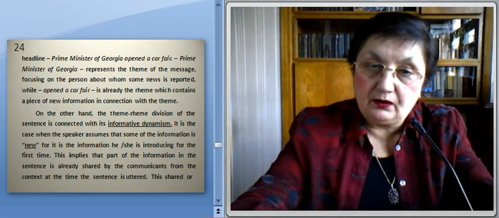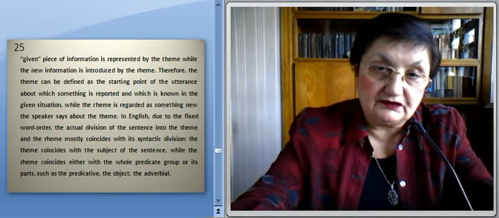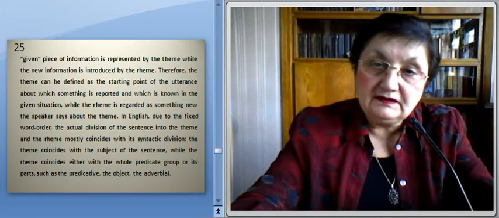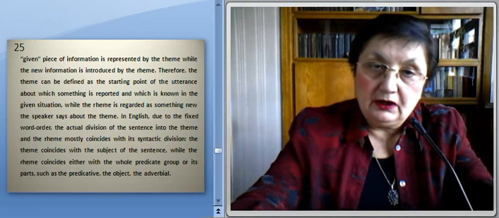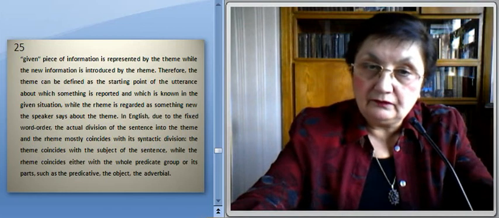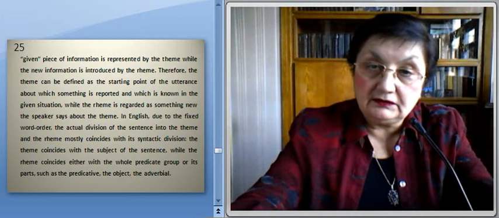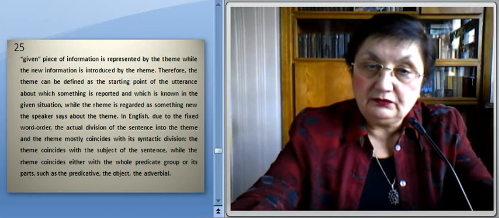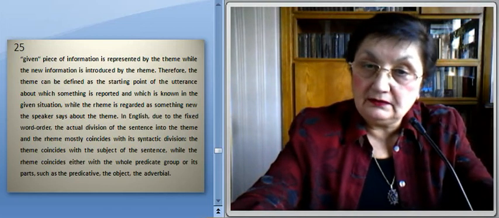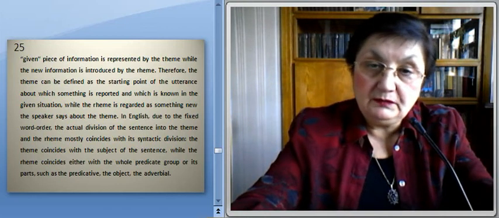Therefore, the theme can be defined as the starting point of the utterance about which something is reported and which is known in the given situation, while the rhyme is regarded as something new the speaker says about the theme. In English, due to the fixed word order, the actual division of the sentence into the theme and the rhyme mostly coincides with its syntactic division.